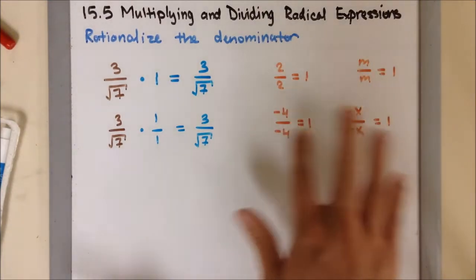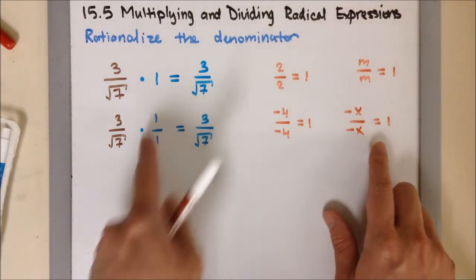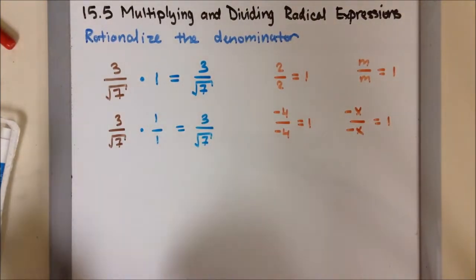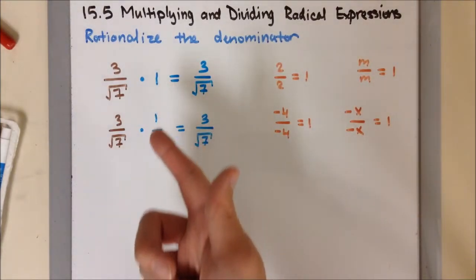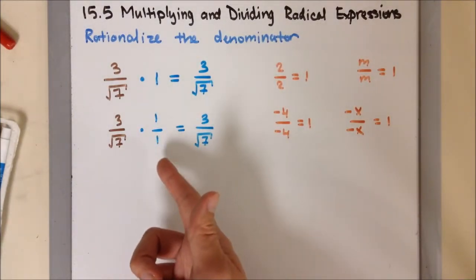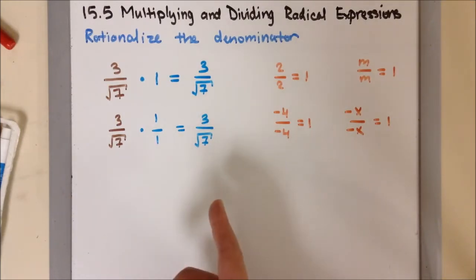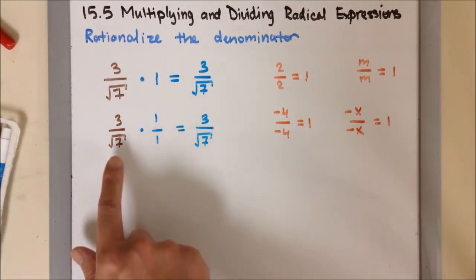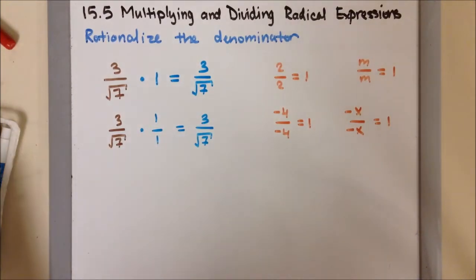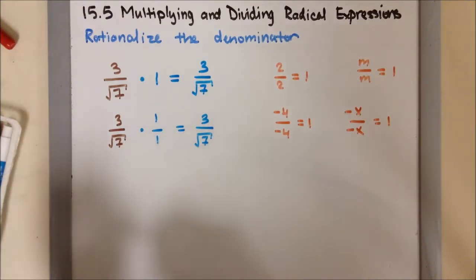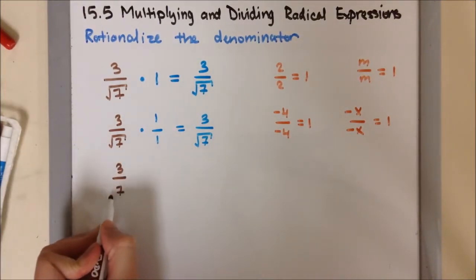What's in common with all these fractions is that the numerator is the same as the denominator, hence they all equal 1. So what we're doing right now with the 1 is reconfiguring it into a different fraction where the numerator and denominator are the same. So instead of multiplying the example by 1 over 1, we're going to multiply the example by its denominator. Let me write down the example first.